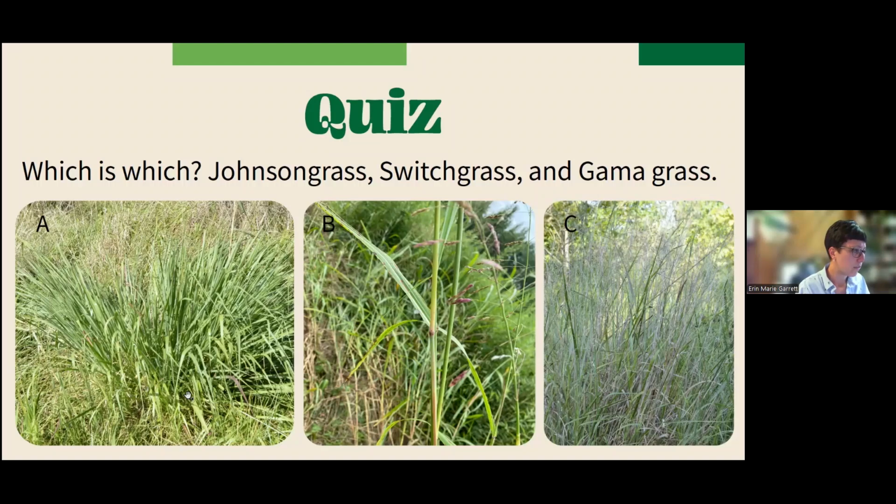We're going to look for differences in the hairy ligule, which is going to come in handy because the gamma grass can have a strong midrib too. So we're going to look for that velvety hairy ligule in the Johnson grass, whereas it was just a really short, barely even there hairy ligule in the gamma grass. That's one of the things I would look at early in the growth season.